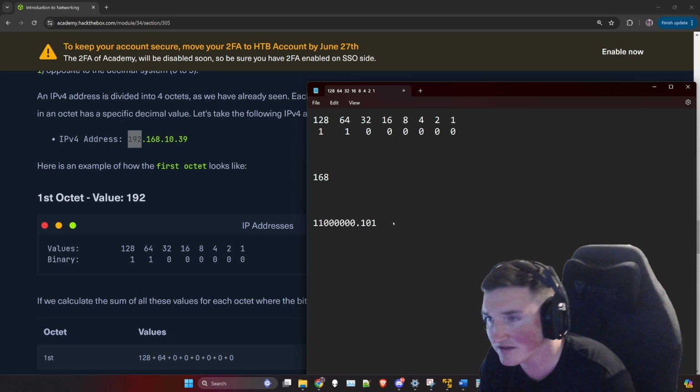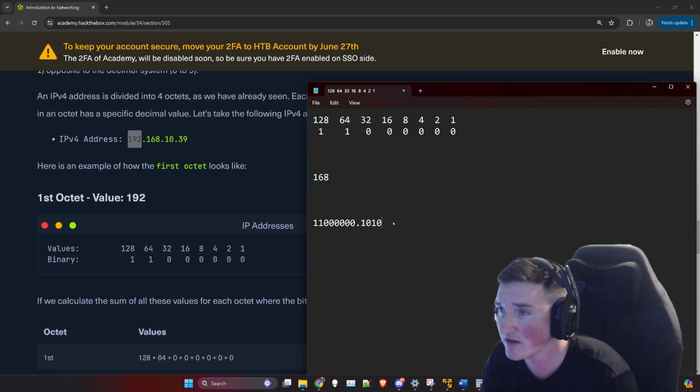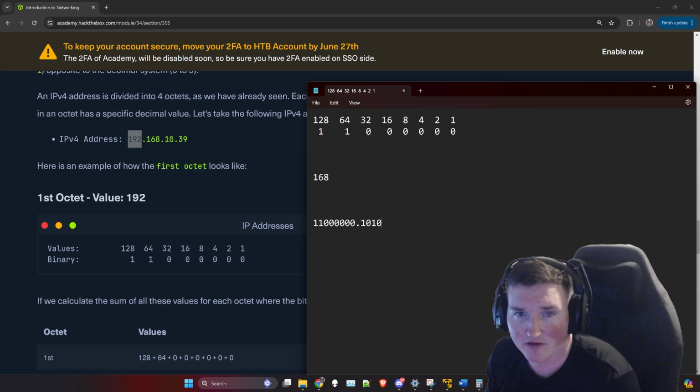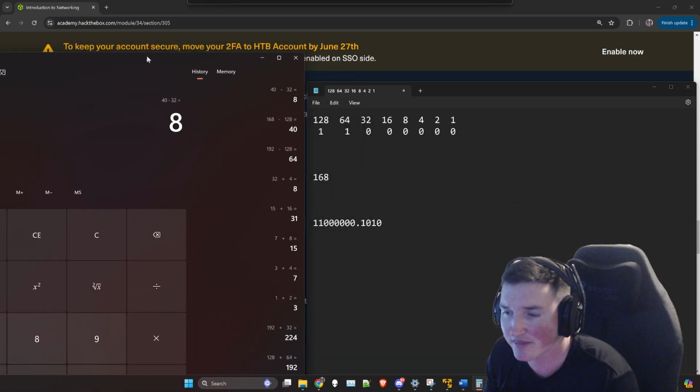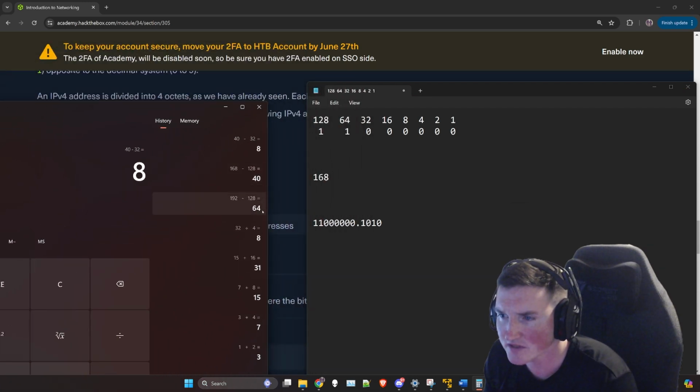Does it go into 16? Does 8 go into 16? Nope. And if you're wondering, whoops, here's my calculator. You can see I did the math. It is right here. 168 minus 128 right there gives me 40. 40 minus 32 gives me 8. And we just keep going down the line.